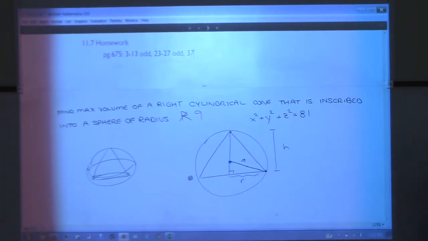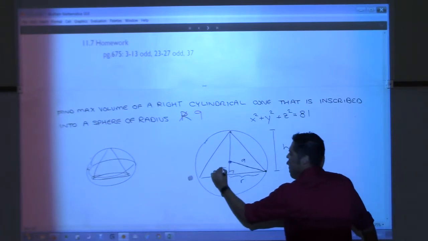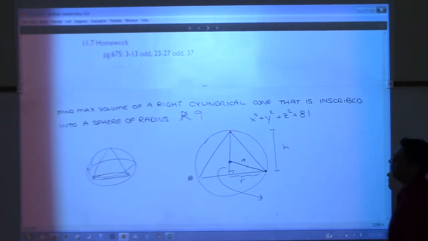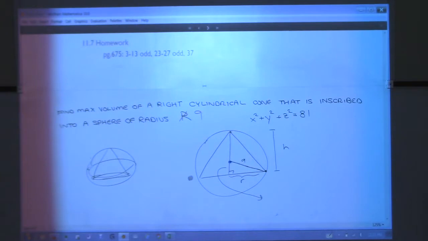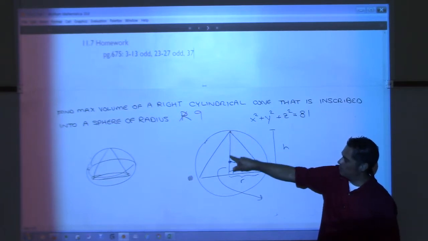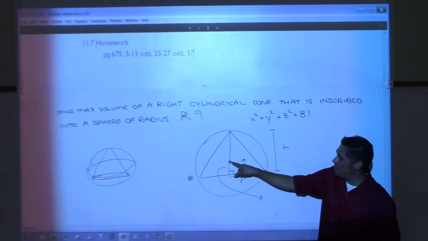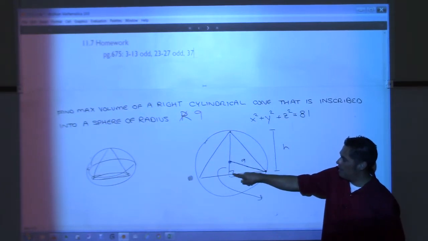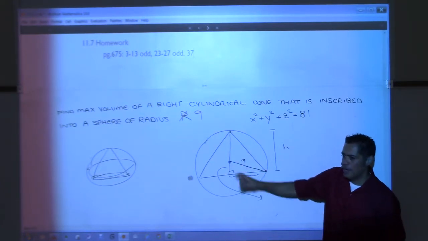And what is this piece right here? What's from here to here? Which is 9. And then from here to here is H. So this should be H minus 9.